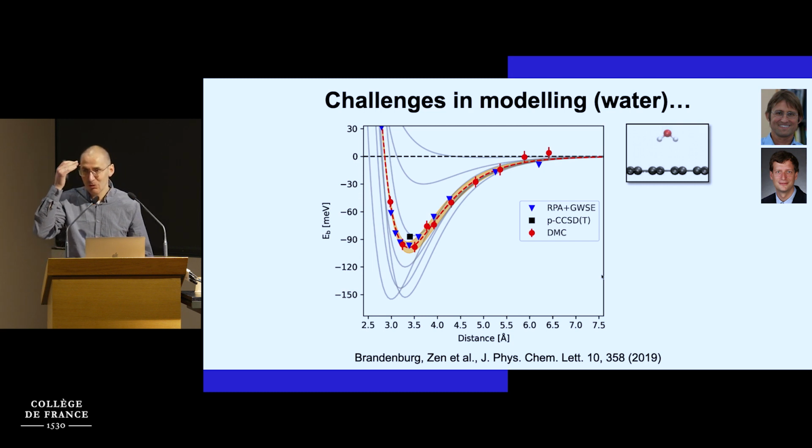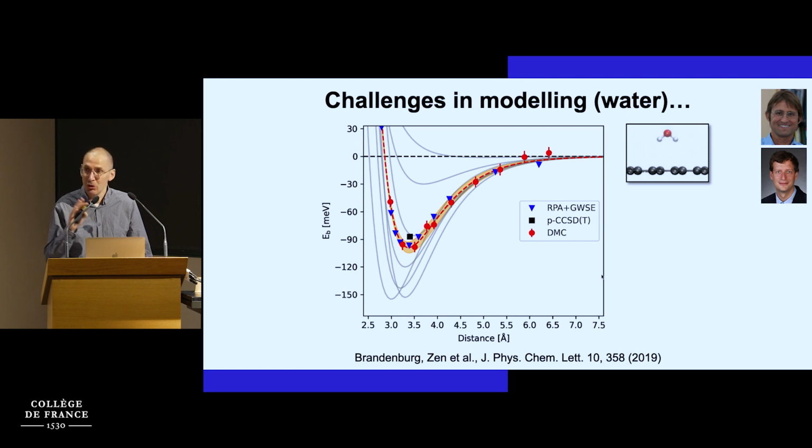But maybe you don't care about the depth of this binding curve. One of the reasons why we're doing this type of work is to shed light on the performance of density functional theory.